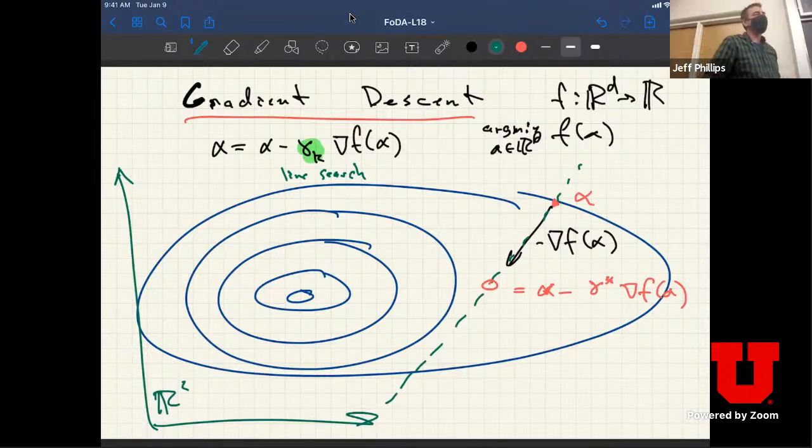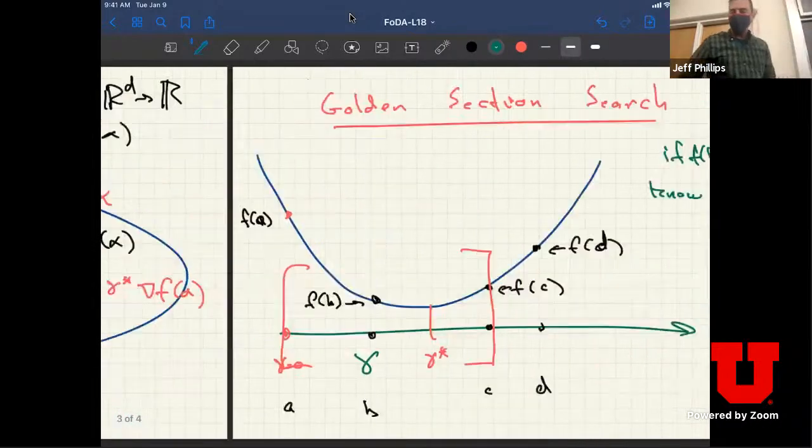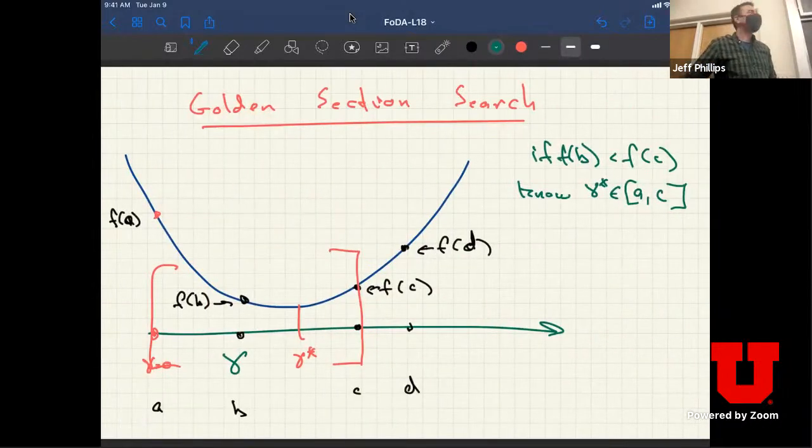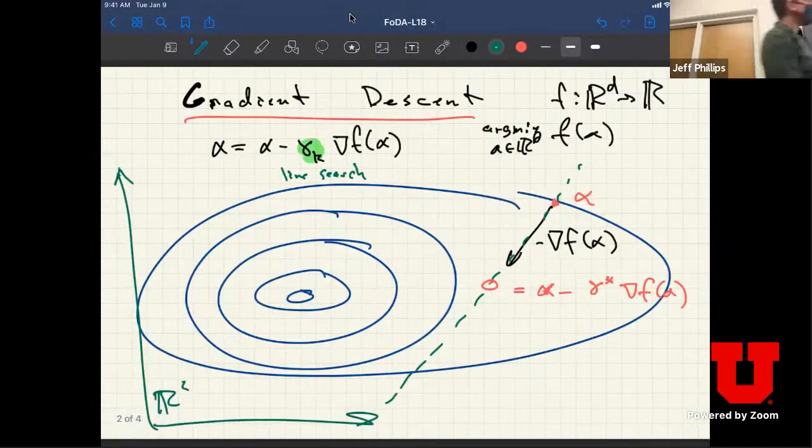I want to ask whether the golden section search is for a constant gamma or the gamma for each step. Yeah, this is for a gamma for each step. At every step, I get this green line that I've restricted my movement to. The direction of the gradient restricts myself to a line, and then I can search along the line.